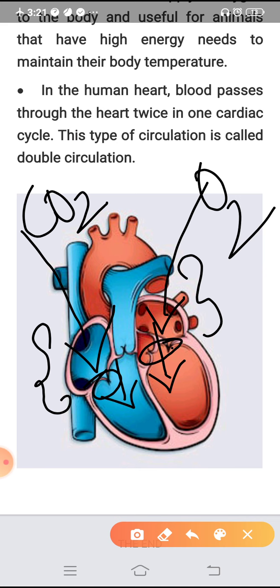The blood from the left atrium flows into the left ventricle, and the blood from the right atrium flows into the right ventricle.